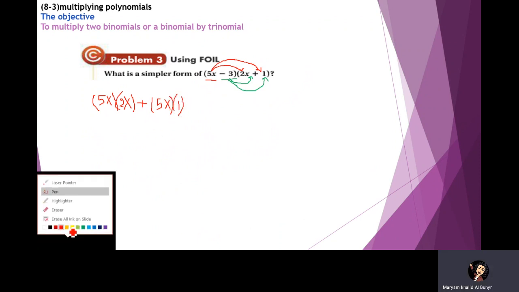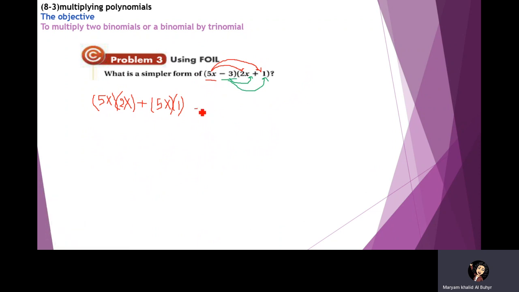Now I will move to the next part, so that will be minus 3 times 2x, minus 3 times 1.